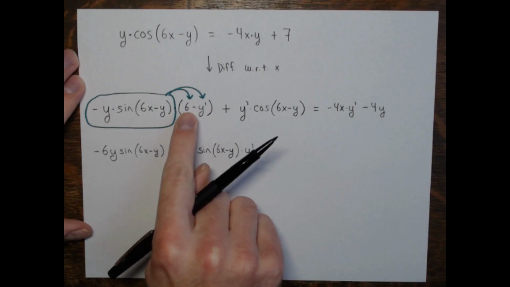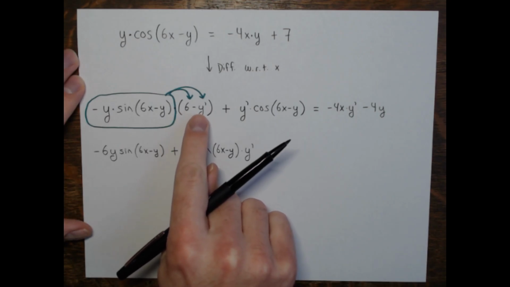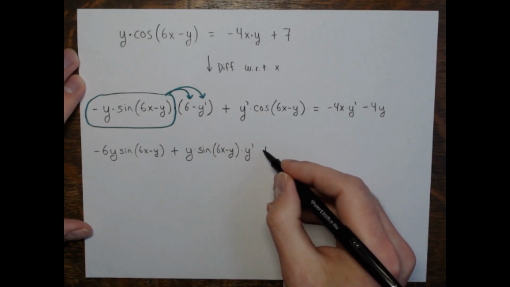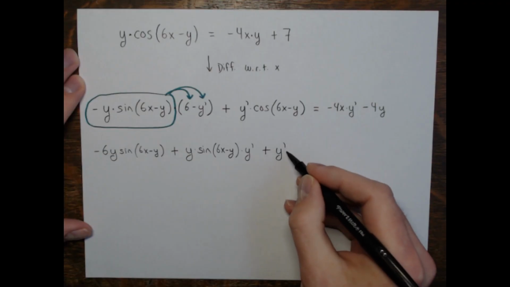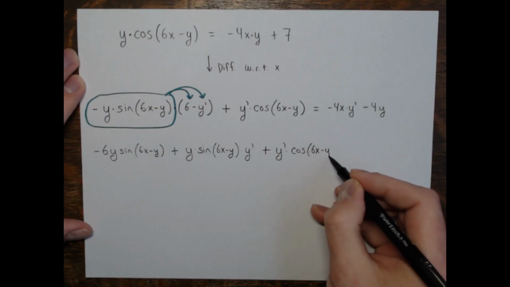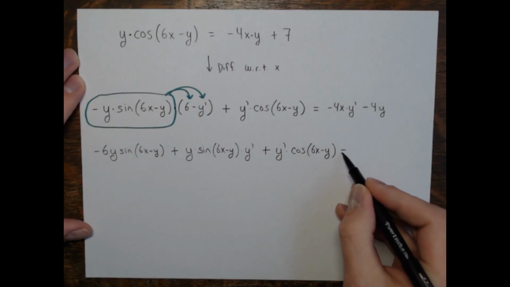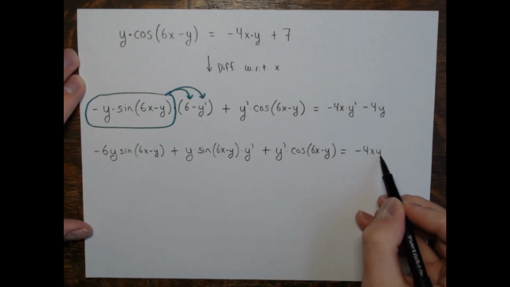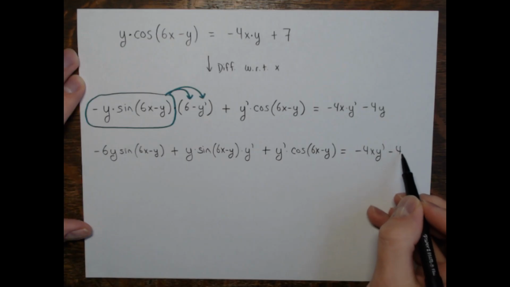Again, that gets rid of the parentheses around the y prime expression. Then you have another y prime term: plus y prime times the cosine of 6x minus y, equals all the stuff over here: negative 4x y prime minus 4y.